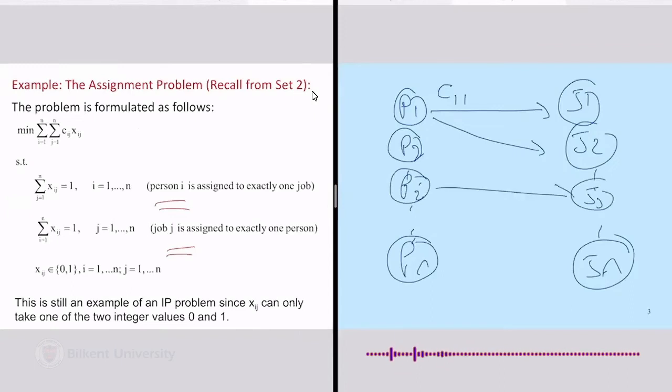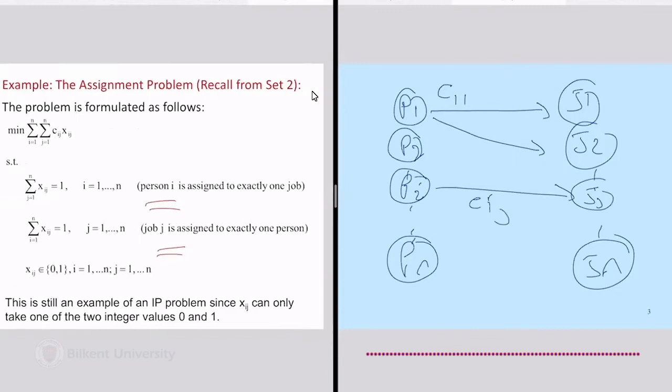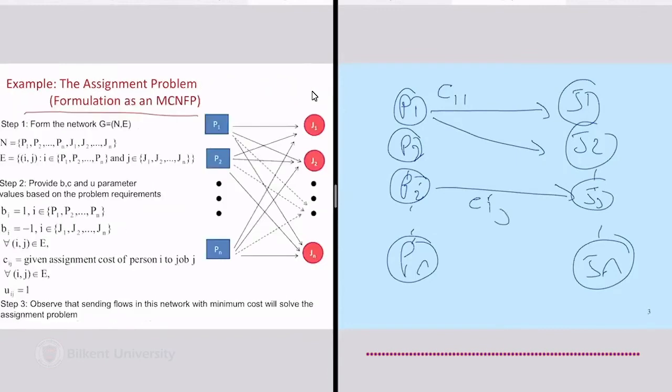So this arc will say Cij. Okay. Now, I did create a network with my nodes. So now I have to determine supplies and demands. I have defined the cost. I have to determine supplies and demands and upper bounds. Those are the things that are left.